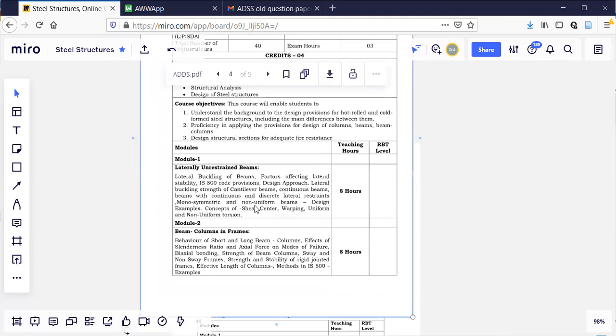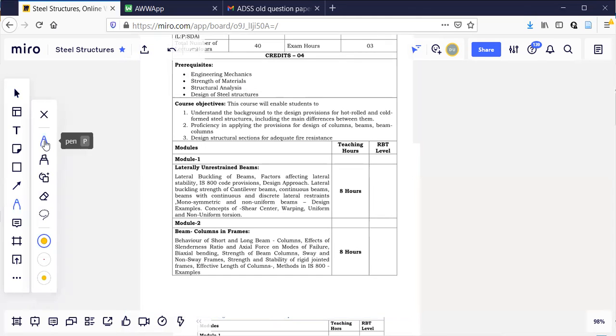Now you can see laterally unrestrained beams. If you refer to any textbook of steel structures and open the chapter on design of beams, this is the second part of that chapter, because in sixth semester you studied laterally restrained beams. Just observe this.